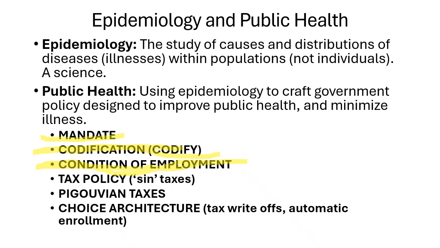So nobody's forcing you to work in this hospital, but if you choose to work in this hospital, as a condition of employment, you must be vaccinated against smallpox. I used to work in a hospital, and most hospitals have a rule that you have to be vaccinated against hepatitis B. Hepatitis B is a virus that destroys the liver.